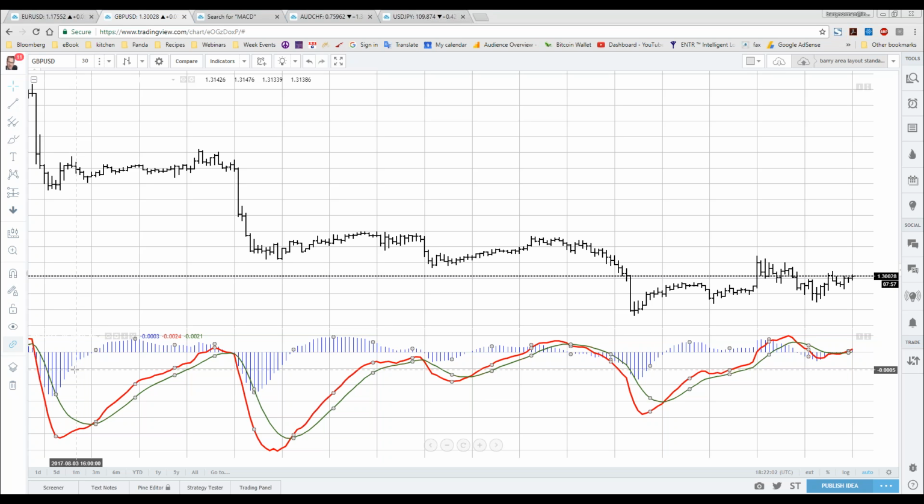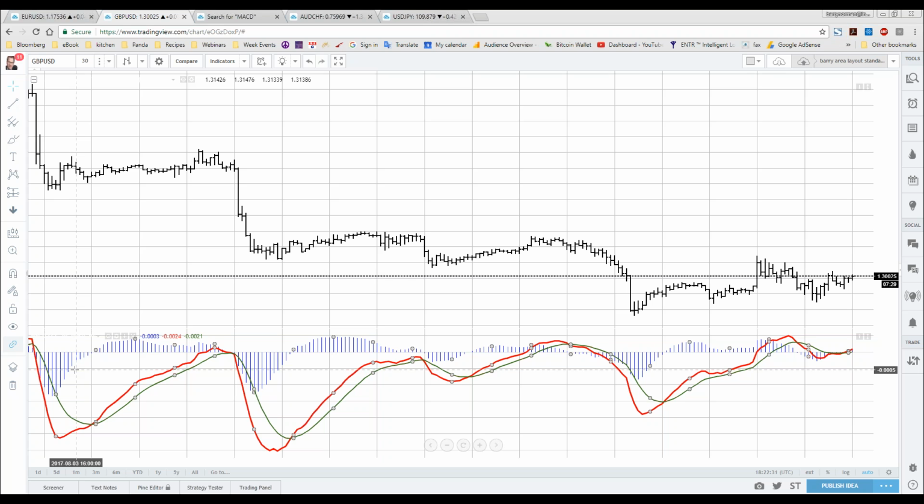Okay. So then all we have is, again, the green, which is your signal line. And your signal line is actually the important line. When the signal line and the MACD line cross, that's the significant point. Okay, that's when the signal line gives you your buy and your sell signals. Okay.